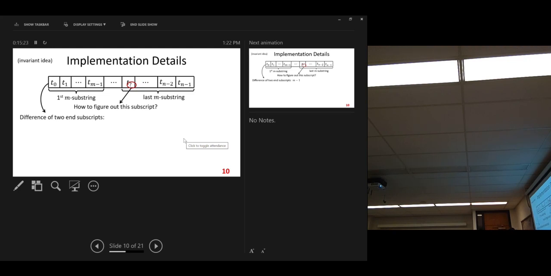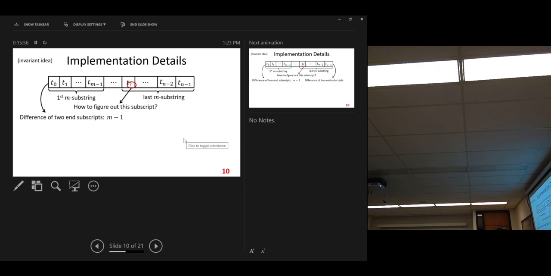This time the invariant is the difference of two subscripts. When you shift, that difference should be the same, because the same length, no matter where you shift, that difference of two subscripts must be invariant. So we use that to fix that x subscript.